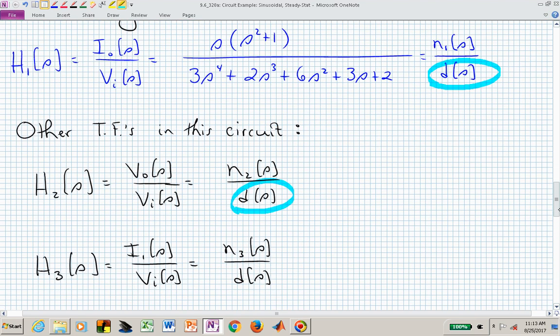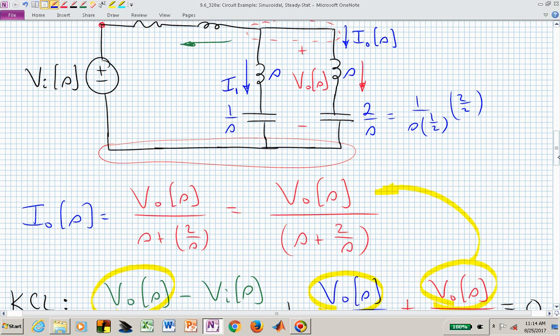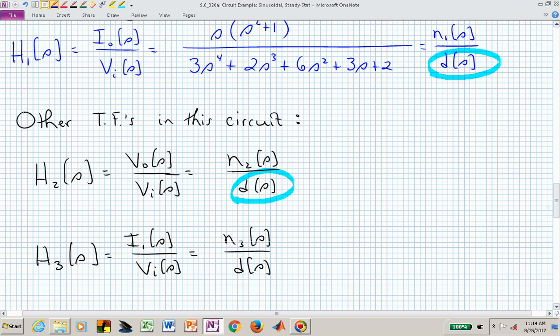We could have defined I1, who knows what I said I1 was. I didn't say anything about I1, but let's just say that that was this blue current there. So now I sub 1, the transfer function between V sub I and I sub 1, if we have similar types of cancellations, we will have then the same denominator, the same poles in that transfer function as we had in H sub 2 and H sub 1.